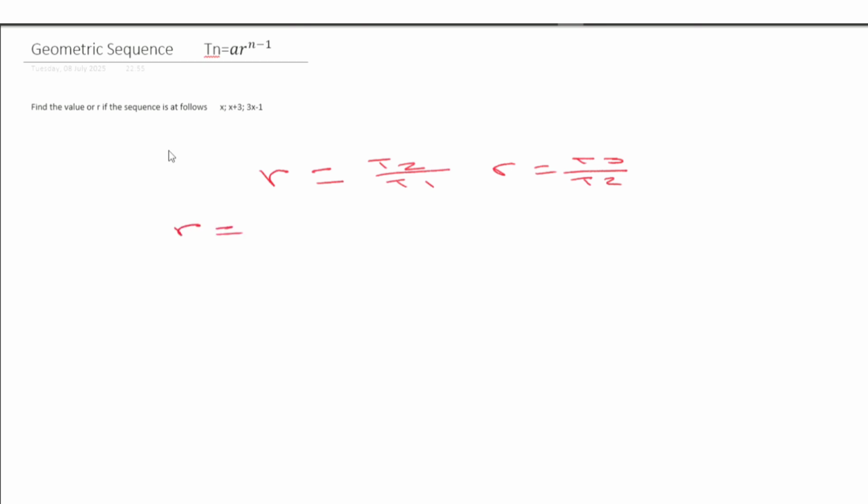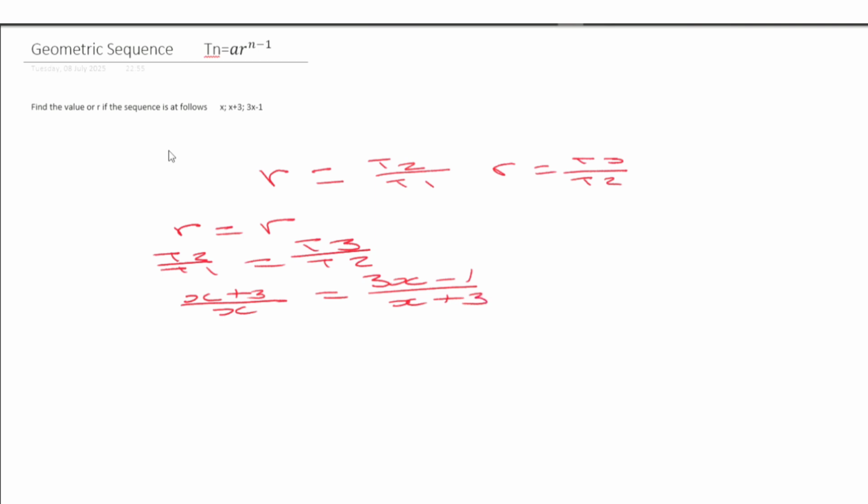So because we know that statement to be true, we're going to say R equals R, which means term 2 divided by term 1 will equal term 3 divided by term 2. Term 2 is x plus 3 divided by x, which is term 1. And term 3 is 3x minus 1 divided by x plus 3.